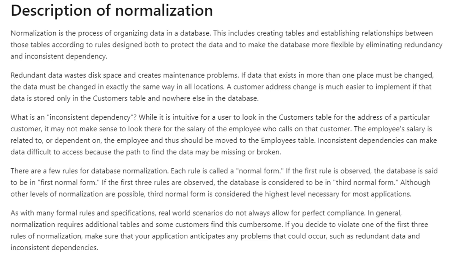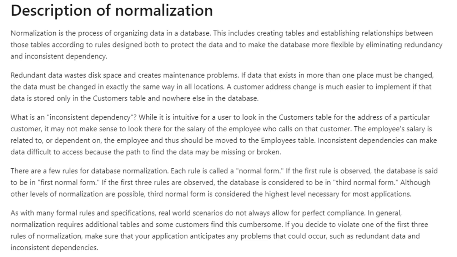A database's level of normalization is determined by the normal form. The following are the three most common normal forms in the normalization process: the first normal form, the second normal form, the third normal form.